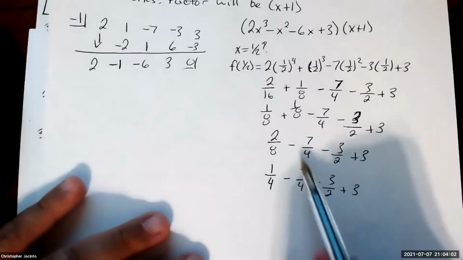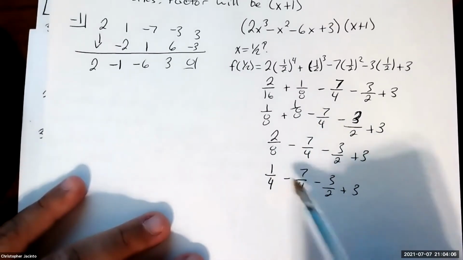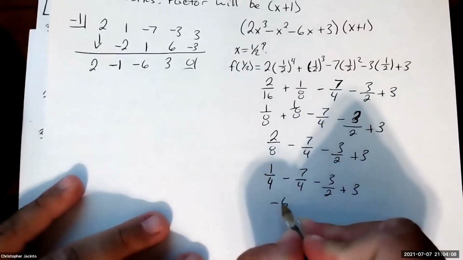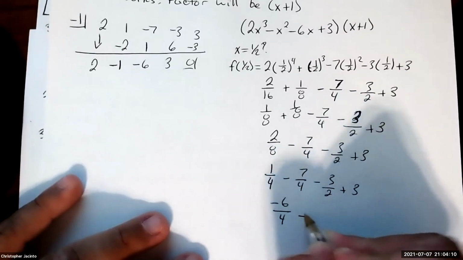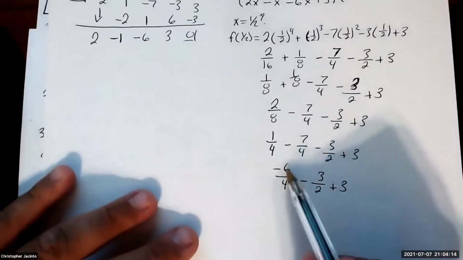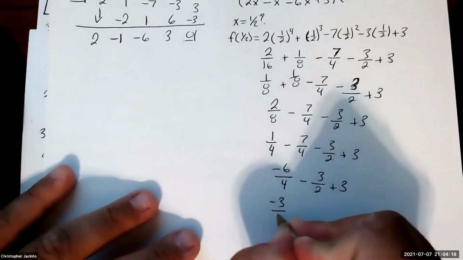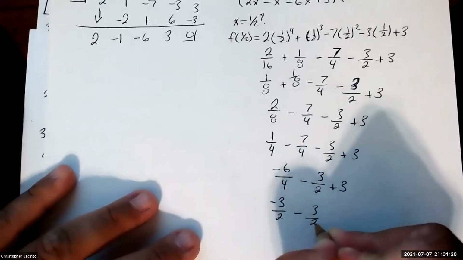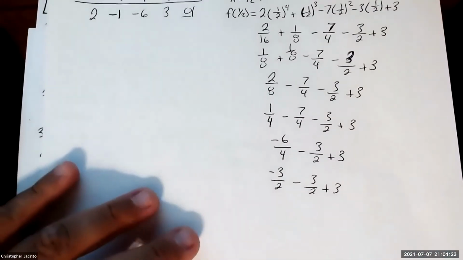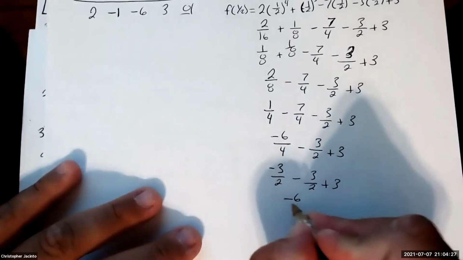And now, if you notice, it kind of makes it nice and easy. So we now can put these together. So 1 minus 7 gives you -6. And then simplifying this, divided by 2 gives you -3 over 2. And then putting these together, that gives you -6.